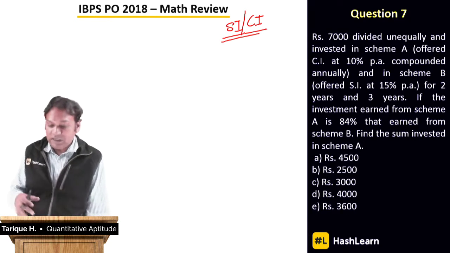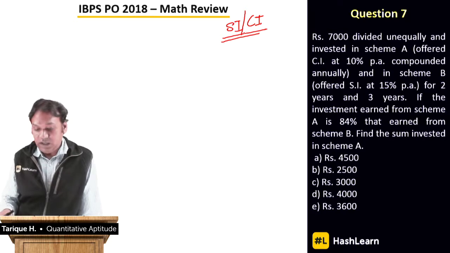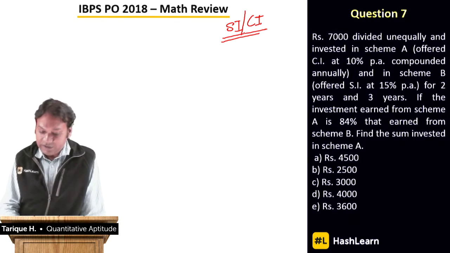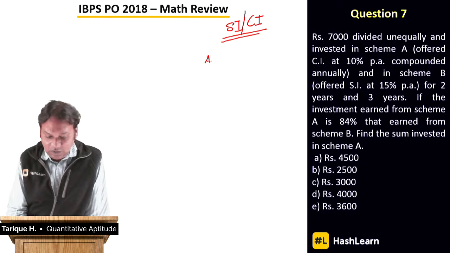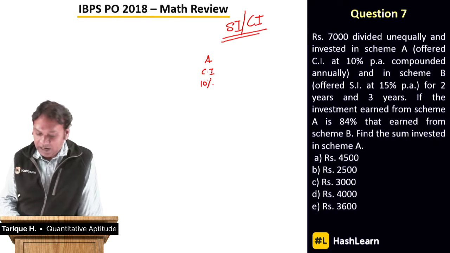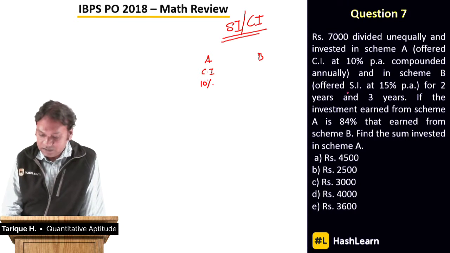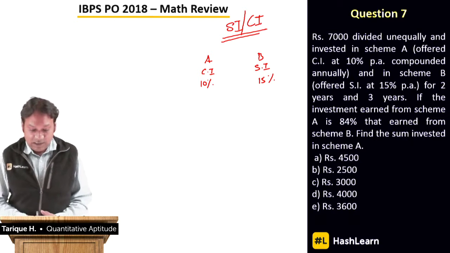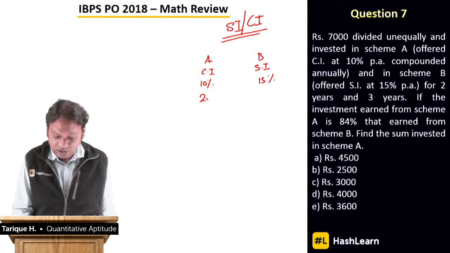You can see here, rupees 7,000 divided unequally and invested in scheme A offered compound interest at 10% per annum, and scheme B, that is simple interest, offers 15% per annum for 2 years and 3 years. So in scheme A, I am investing my money for 2 years, and in scheme B, I am investing the money for 3 years.